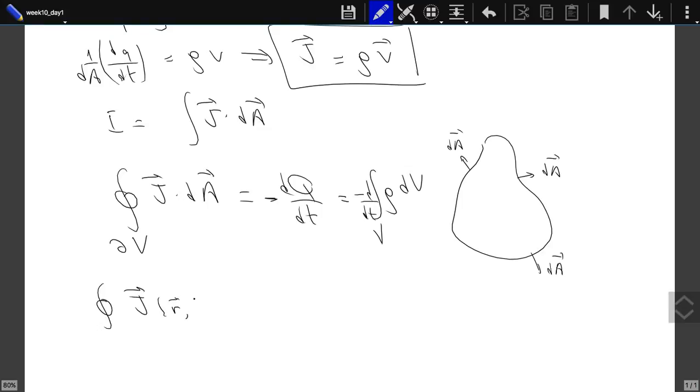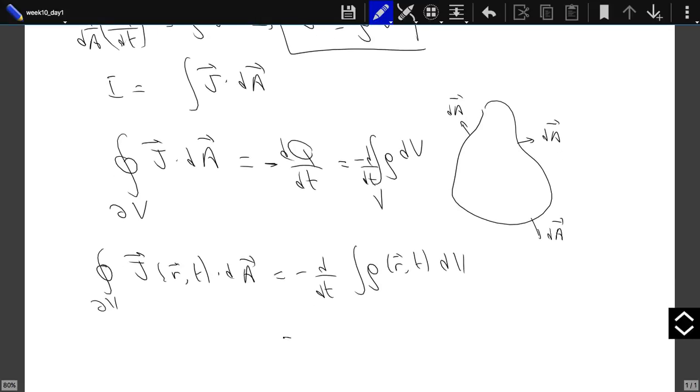J at the point r at the time t, dA, integrated over the boundary. This should be equal to minus d by dt of the integral of rho at the point r at the time t, or minus del rho by del t evaluated at the point r at time t.